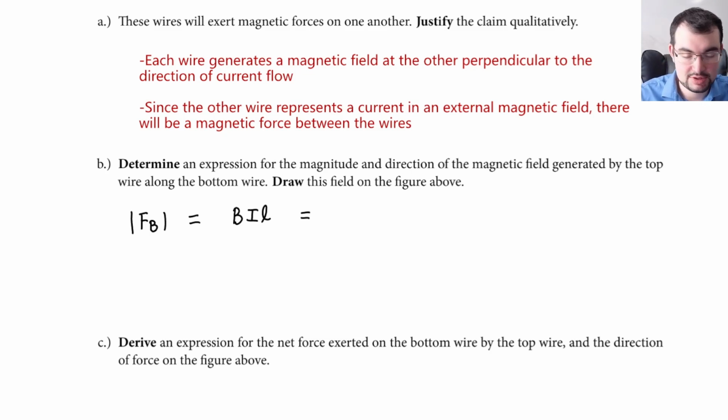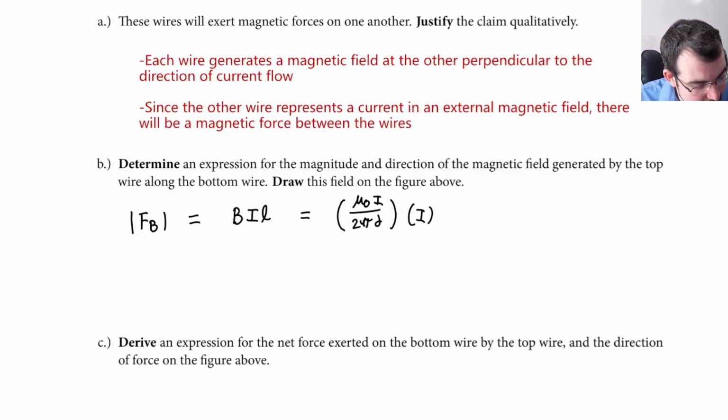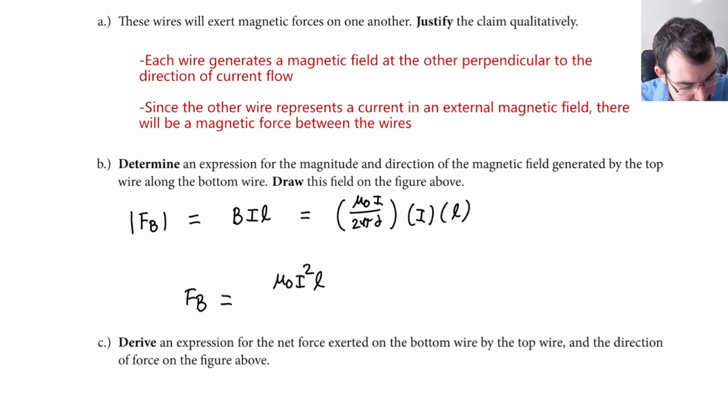We said in the last section, the B field from a long wire is mu naught I over 2 pi r, but r in this case is the wire separation D. We get that. I is I, and L is L. So FB is going to be equal to, we just collect an extra I on top, so we get mu naught I squared L over 2 pi D.